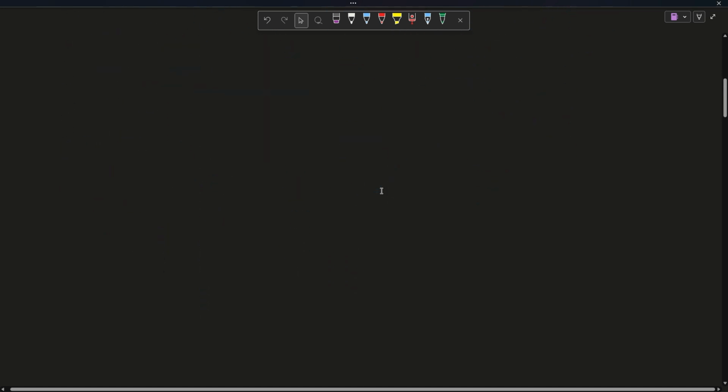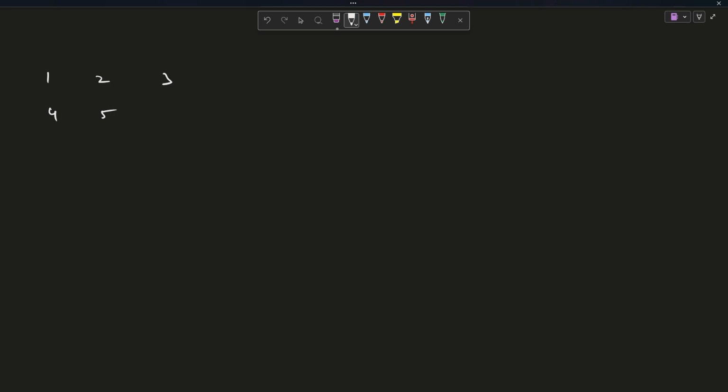Okay, so let me write down the input and output again. So our matrix given to us was 1, 2, 3, 4, 5, 6, 7, 8, 9. And our answer was 3, 6, 9, 2, 5, 8, 1, 4, 7. Right?